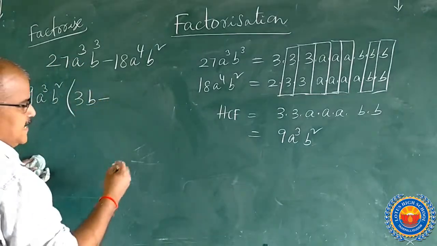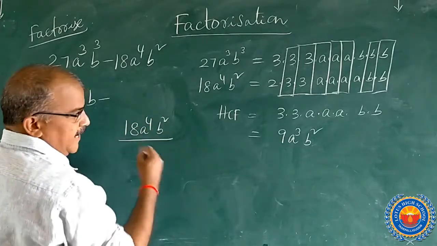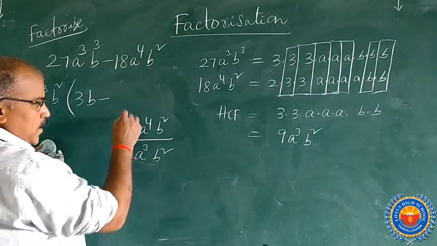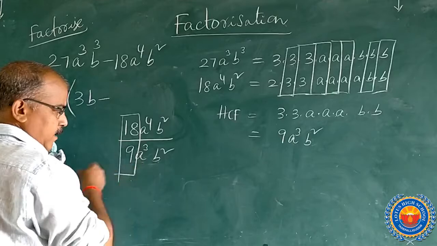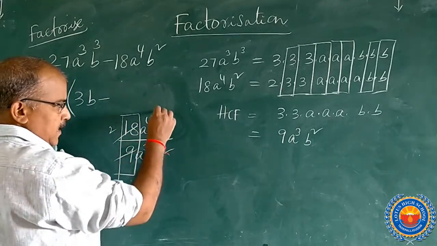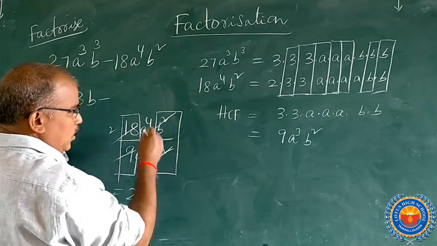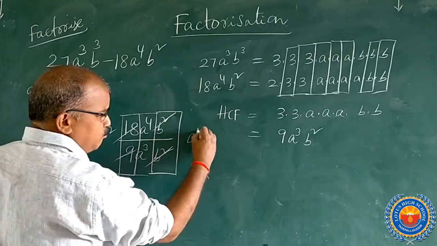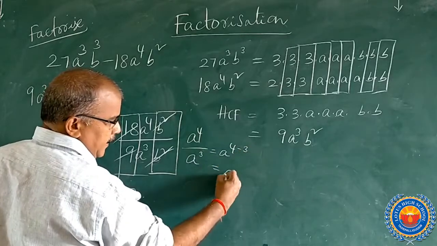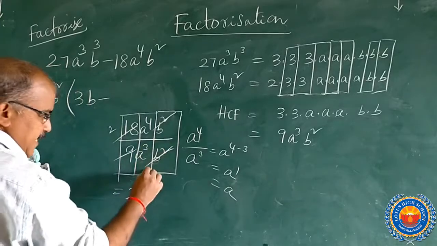Next, minus 18 a to the power of 4 b square by 9 a cube b square. Here 18 by 9 is 2. b square and b square cancel. So 2 into a to the power of 4 by a cube is a to the power of 4 minus 3, which is a.